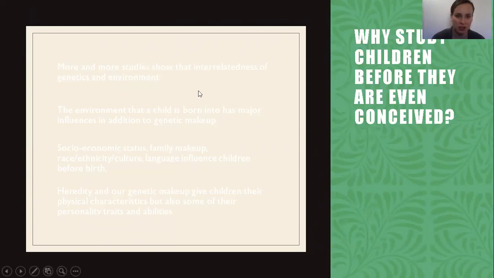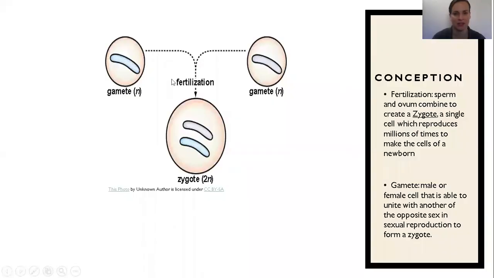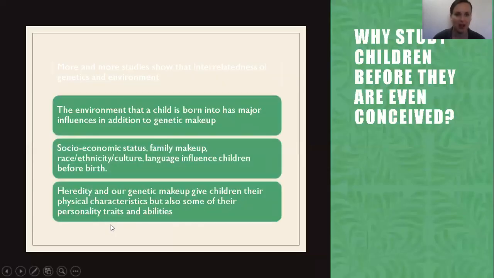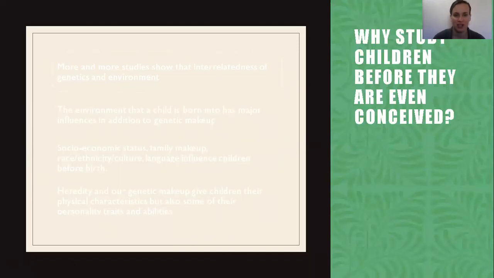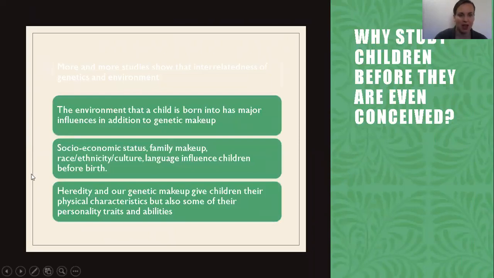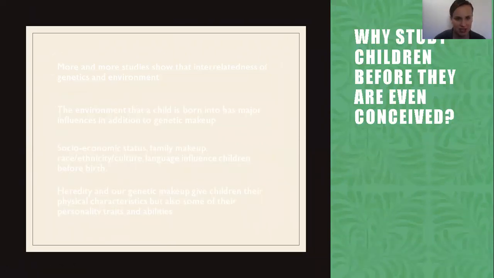But I did want to talk about why we study children before they're even conceived. More and more studies are showing that there's an interrelatedness between the genetics and the environment. So the environment that a child is born into has major influences in addition to our genetic makeup.